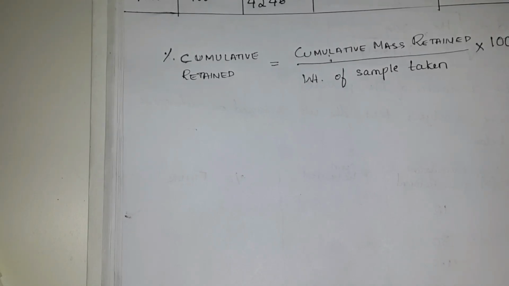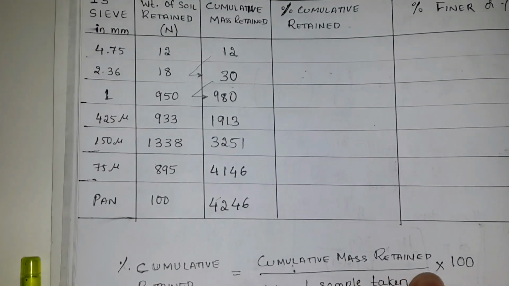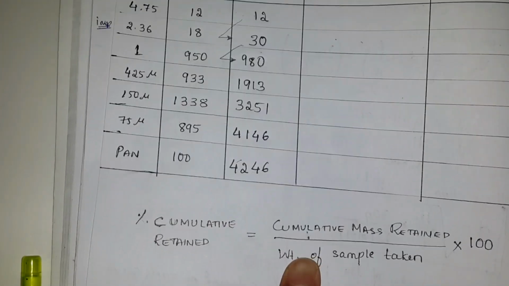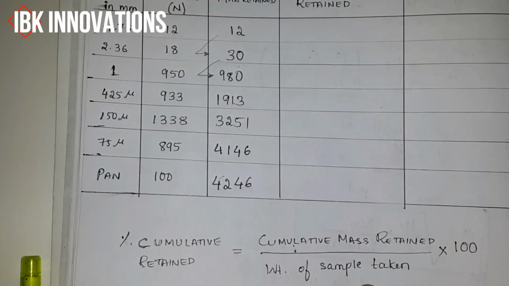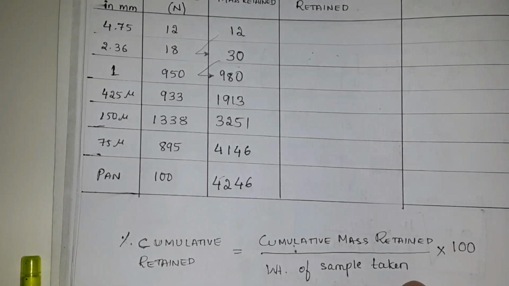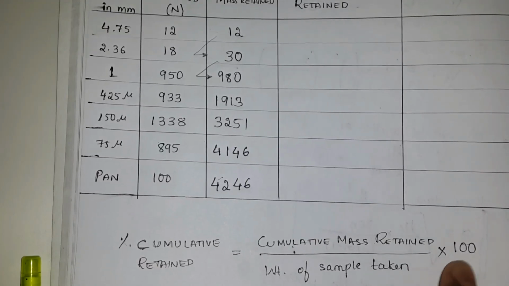So let us do the first value: cumulative mass retained divided by the total weight of the sample taken, into 100.